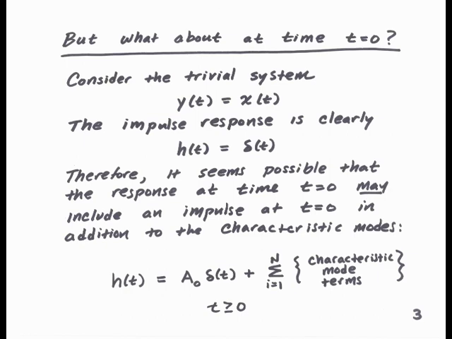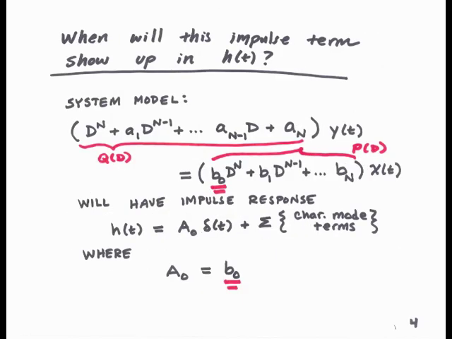That will provide us the form of the impulse response for all time greater than or equal to 0. So two questions naturally arise. The first is, how do we find a0? And the second is, under what conditions will an impulse appear in the impulse response? So let's tackle these questions.